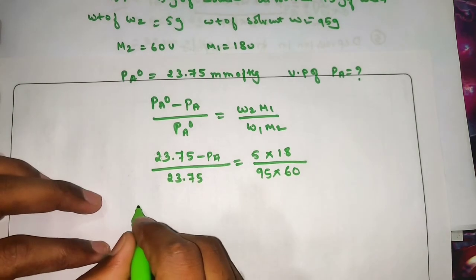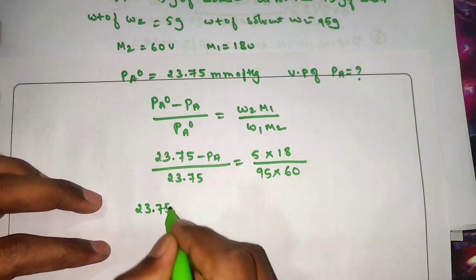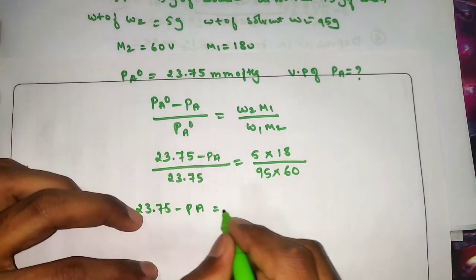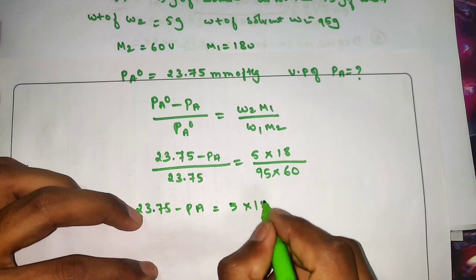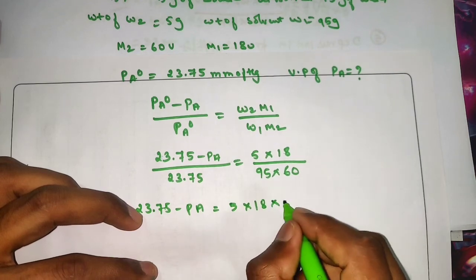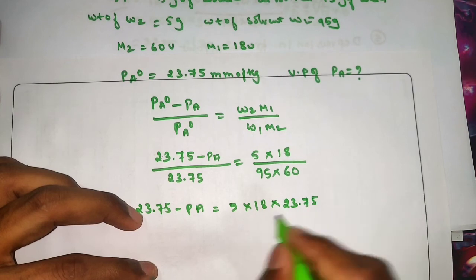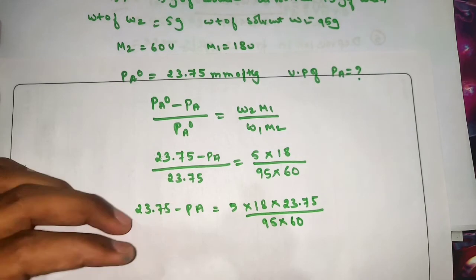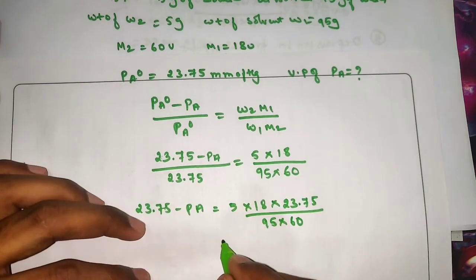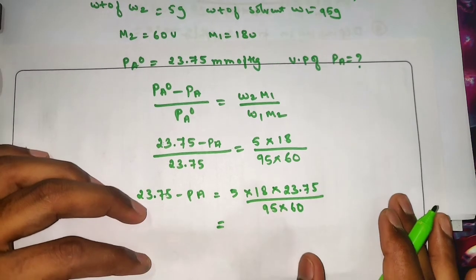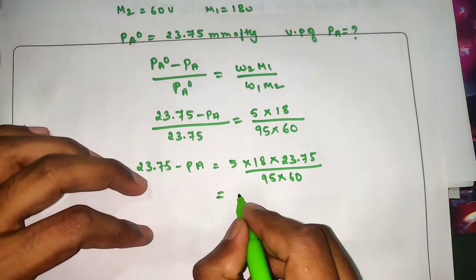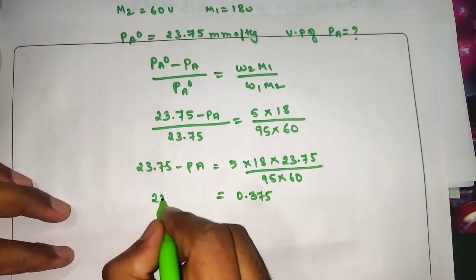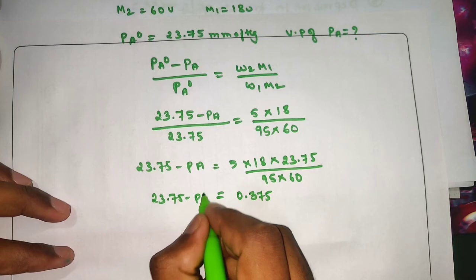So taking this side, 23.75 minus Pa is equal to 5 into 18 into 23.75 upon 95 into 60. Just calculate it and compare with my answer. My answer is 0.375, and here it is 23.75 minus Pa.